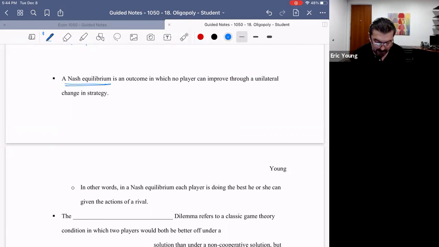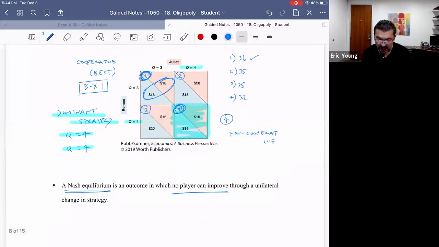A Nash equilibrium is an outcome in which no player can improve through a unilateral action. Oftentimes, not always, but often, the Nash equilibrium occurs at the non-cooperative outcome.